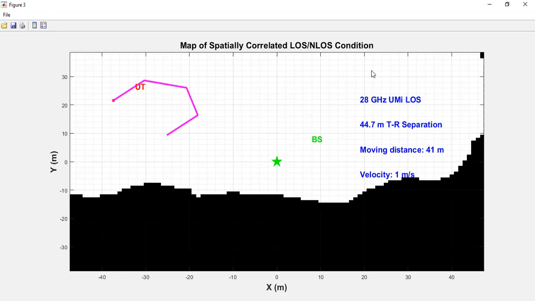But I'm not sure why they have turned off that feature. Let us now run a simulation for a frequency of 150 gigahertz. Do you have any questions so far? No, sir, no question.